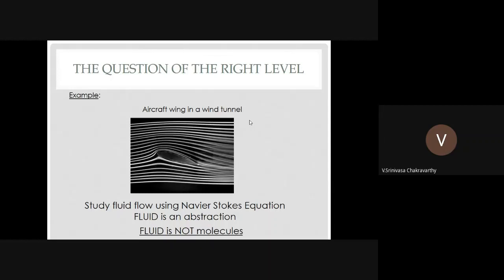If you take an important problem from fluid mechanics, for example, you want to study an aircraft wing. There's wind blowing on the wing, and you want to understand the kind of forces and pressures around the aircraft wing. So how do you do that? You don't try to solve molecular dynamics simulations and find out the actual impacts of single molecules on the wing and things like that.